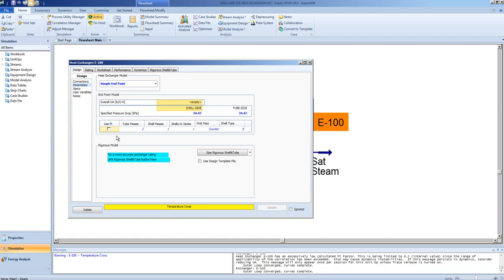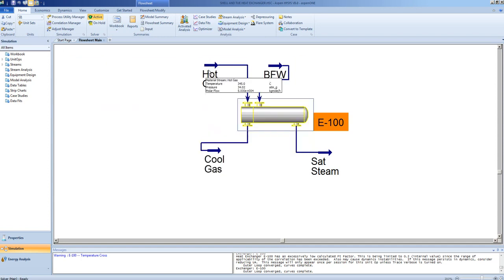Note, however, even though the FT factor has been ignored, there is a temperature cross. The hot gas comes in at 345 degrees. The boiler feed water at 30. The hot gas, as we specified, exits at 260, but note the saturated steam is exiting at 1672.